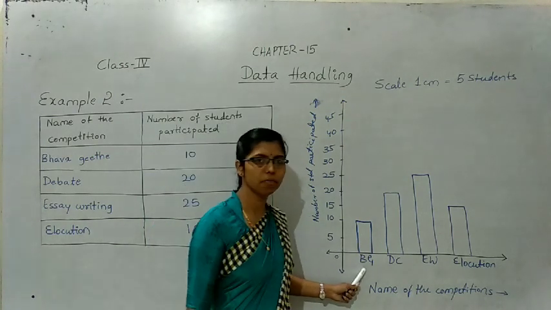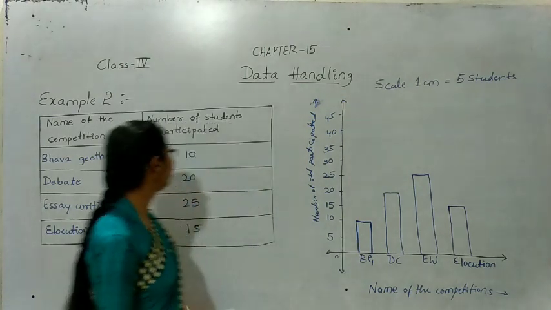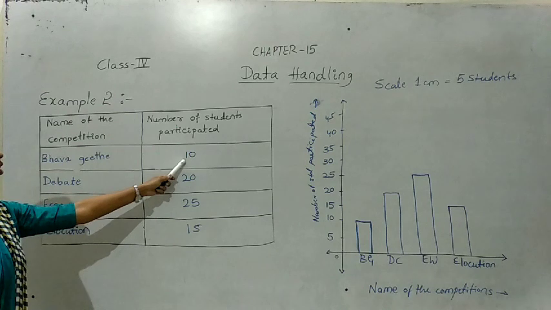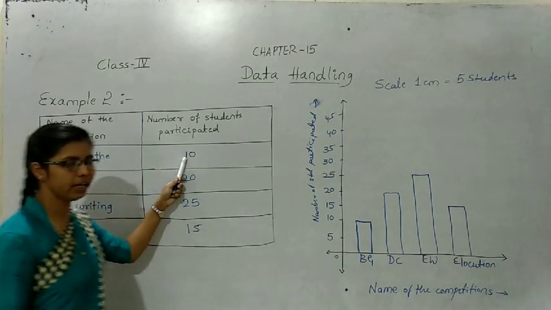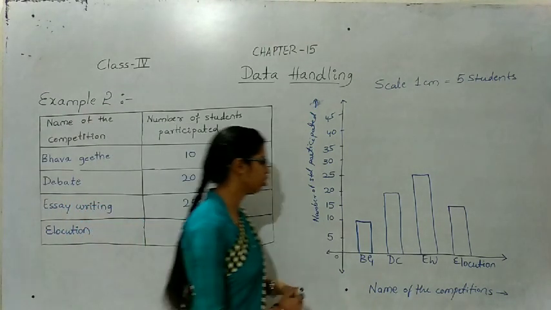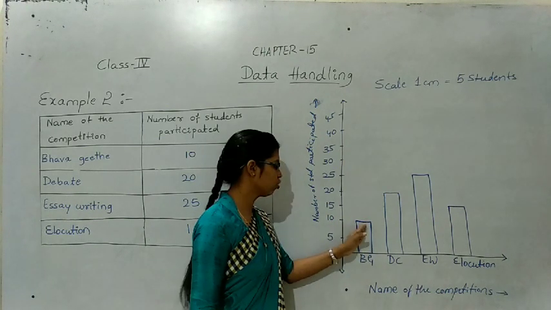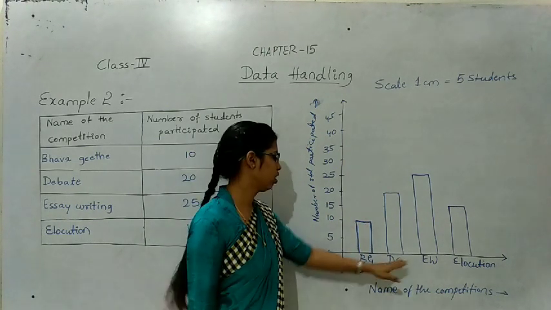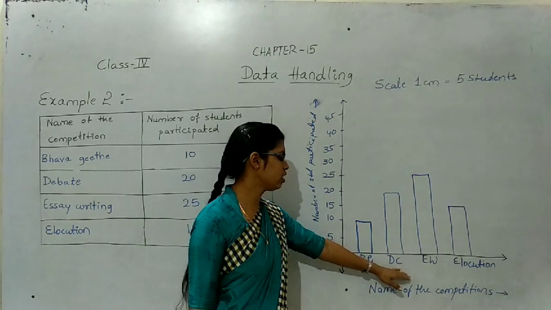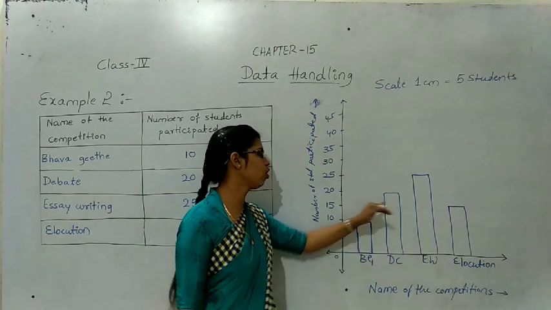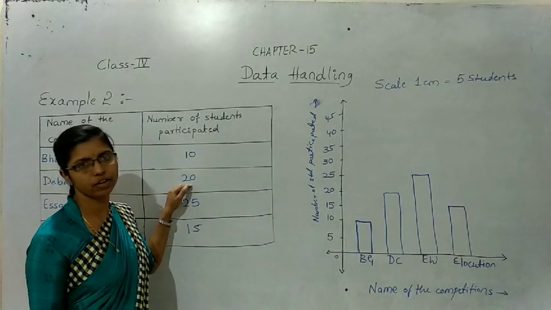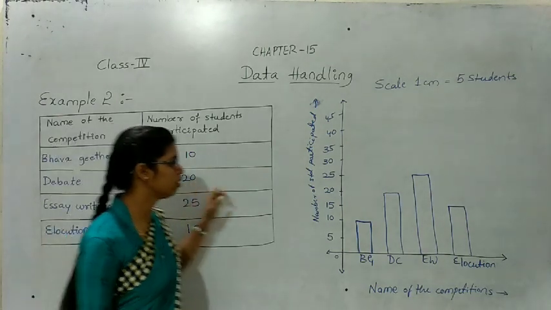So first one is Bhavagiti. In Bhavagiti, 10 members participated in that competition. So the bar is exactly equal to 10. So this is Bhavagiti. And the second one is the debate competition. The number of students participated in the debate is 20 members.